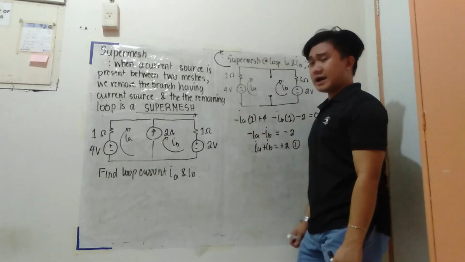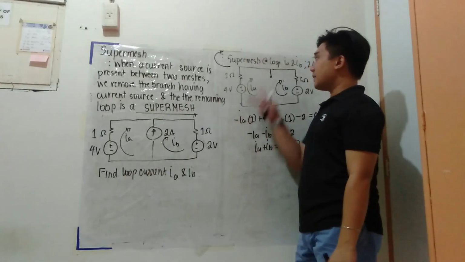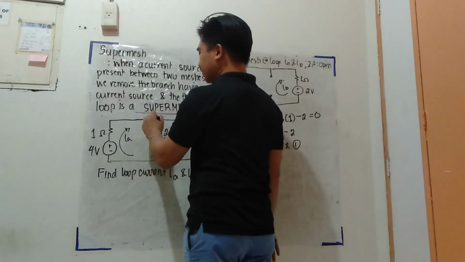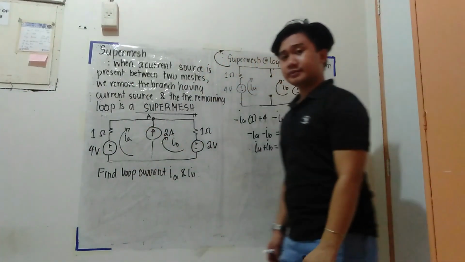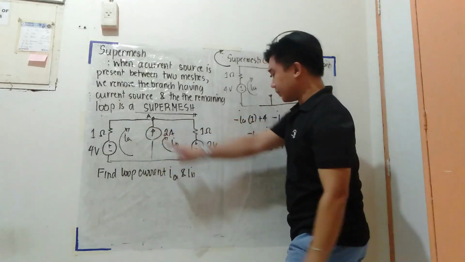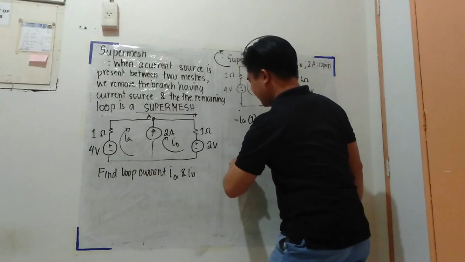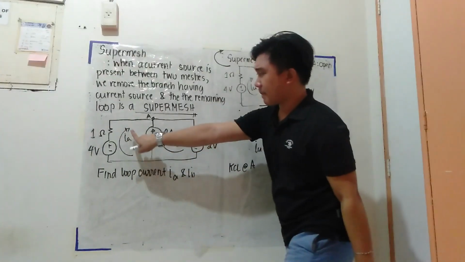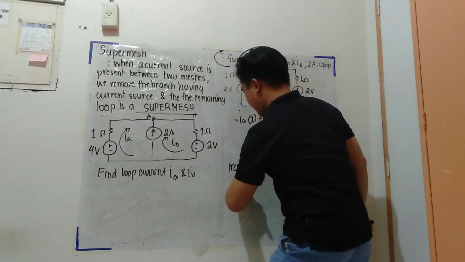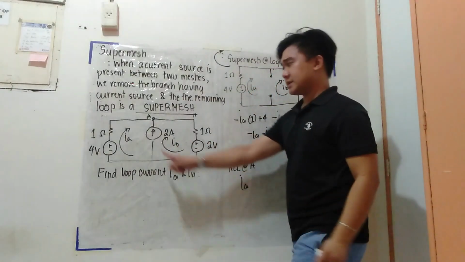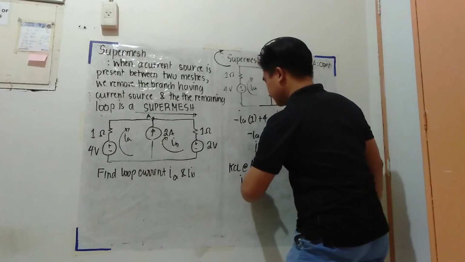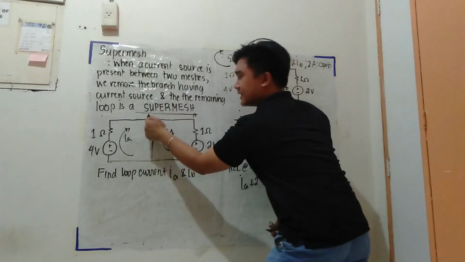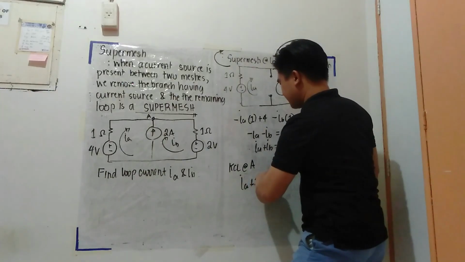Saan ako kukuha ng second equation ko? Inopen ko to, tingin ako dun sa original circuit. Mag-KCL ako doon sa node na yon. Okay? Doon sa node na yon, so KCL at A, alam ko, patusok si IA, kaya papasok yun sa node A. So, IA, and then at the same time, papasok din si 2 amperes, so plus 2. Kaya lang, si IB palabas kasi nakatalikod siya kay node A. So, equals IB.